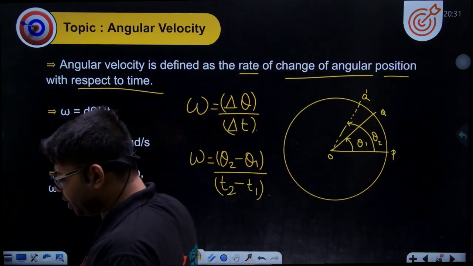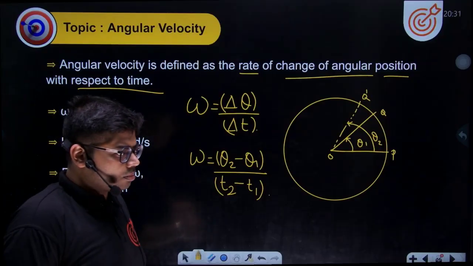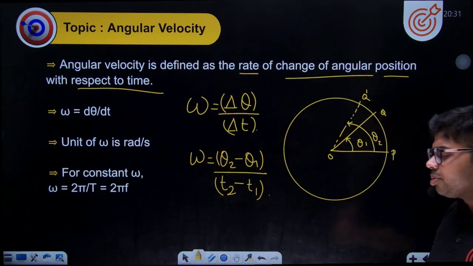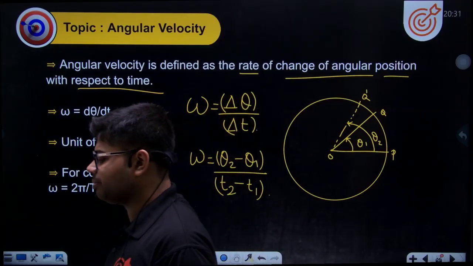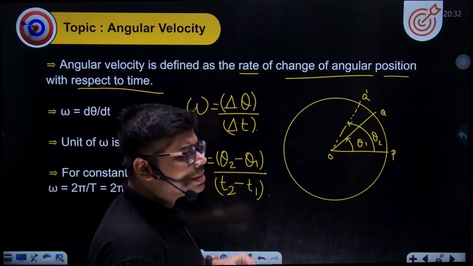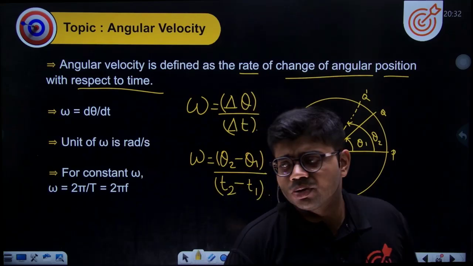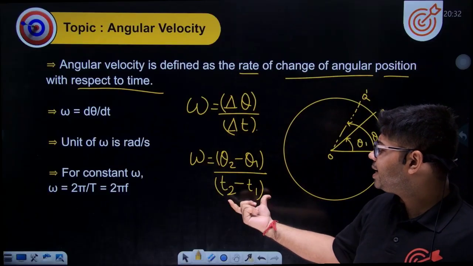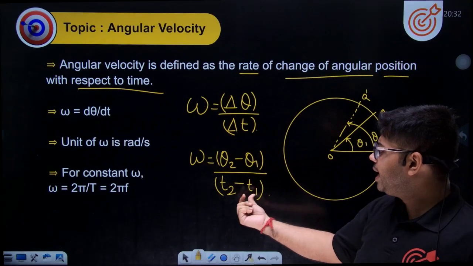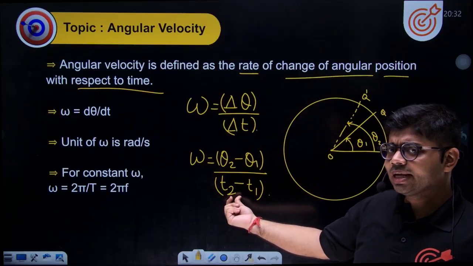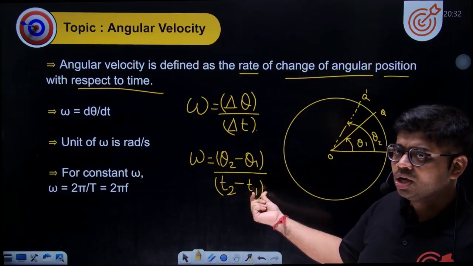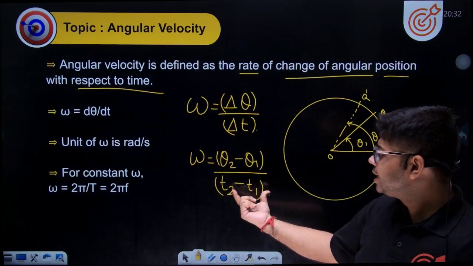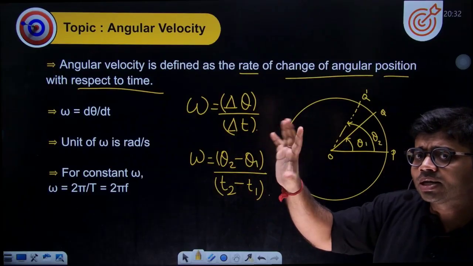Now I want to emphasize something very important here. Okay, so we got to know that omega is the angular velocity, and this will be its magnitude. Okay, got it. But always remember this is the average angular velocity I am talking about, because here theta and delta t both are large, and I am not saying that delta t tends to 0. So it can be that t2 is equal to 4 second and t1 is equal to 2 second. Then the delta t is 2 second, and 2 second is not something very small.